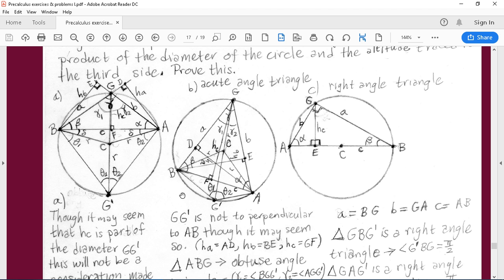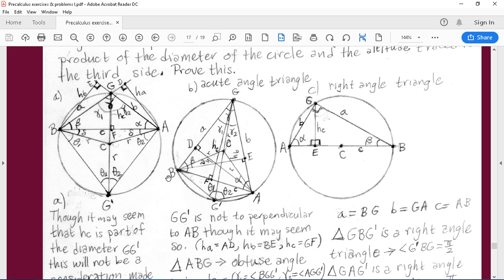We also have other triangles like BCG. We're going to show that this triangle is isosceles. Remember that segments CG, CB, CA, and CG prime, their length is equal to the radius of the circle.